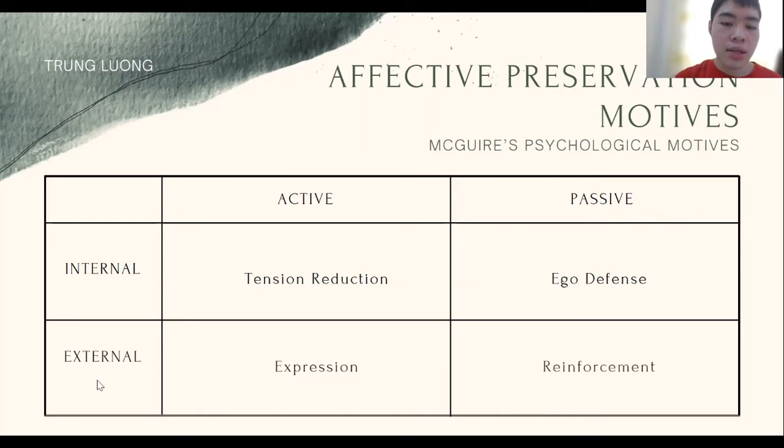The second is the need for expression, which is the way people try to express their identity to others. Third, we have the need for ego defense, where people are motivated to protect their self-concept by utilizing defensive behaviors or attitudes. The last is the need for reinforcement, where people are motivated to act in the same ways as in similar situations in the past due to the rewarding system.